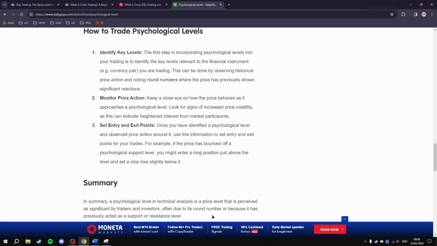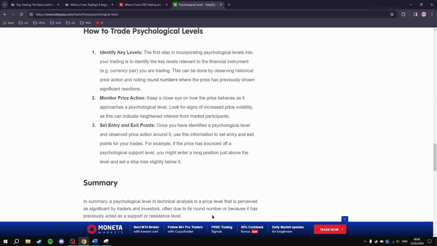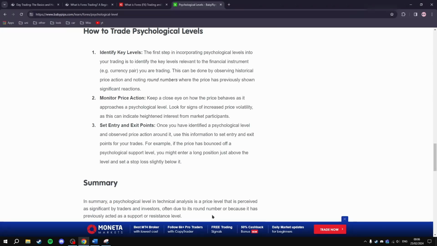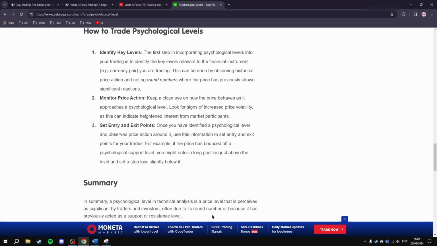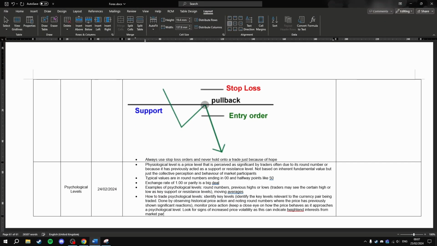Look for signs of increased price volatility, as this can indicate heightened interest from market participants.